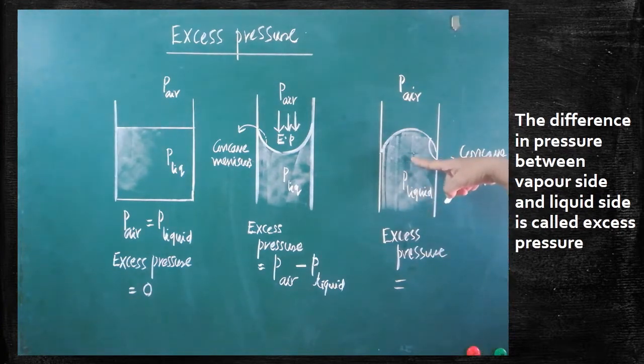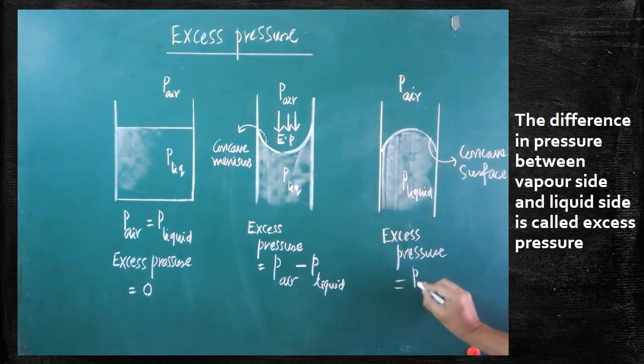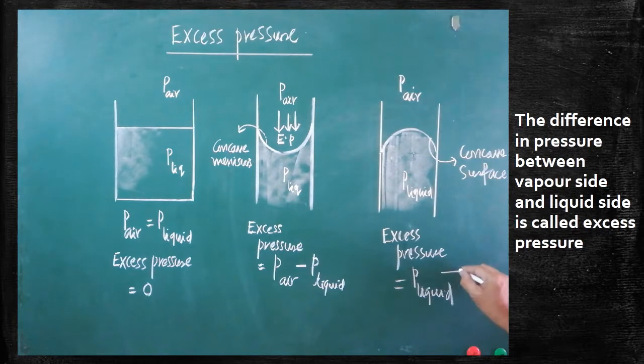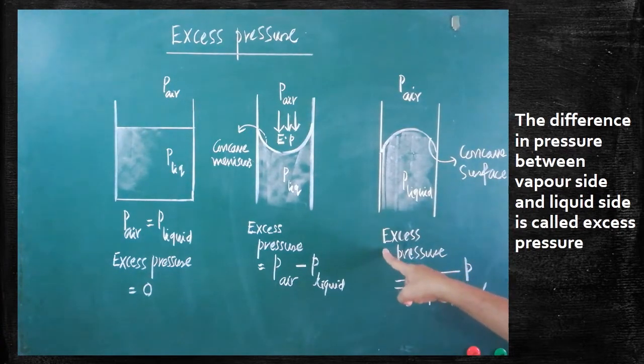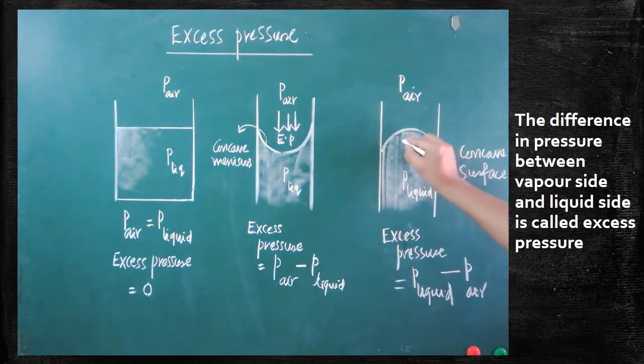Inside, the pressure of the liquid is greater. The pressure exerted by the liquid on the surface is greater. Are you clear? To find out the difference in pressure, what we have to do? Pressure exerted by the liquid minus pressure exerted by the air must be written. The difference in pressure gives you the excess pressure. Pressure exerted by the liquid is more, pressure exerted by the air is less. Therefore, excess pressure acts in this direction.